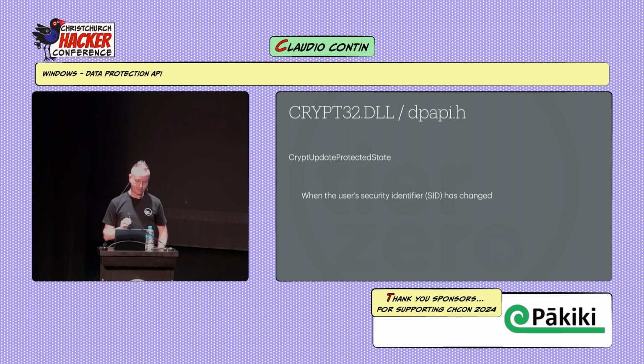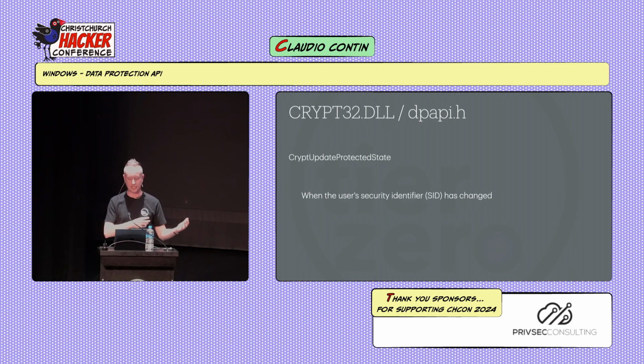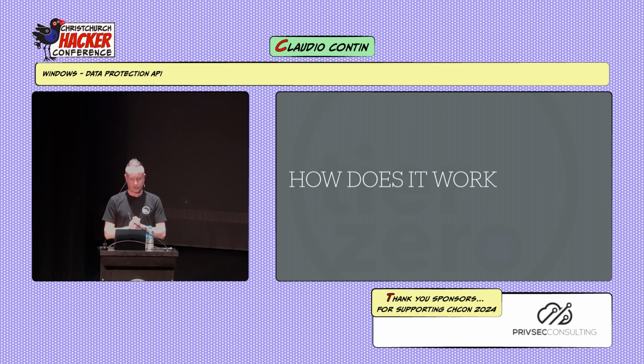The fifth and last function that the DPAPI provides is called CryptUpdateProtectedState. This is not very relevant usually. It's only used when an Active Directory domain is migrated to a new domain. So in case the security identifier of the user changes, this is a way to migrate the data into the new domain. So, okay, we know how to use the data protection API as a developer legitimately, but how does it work?